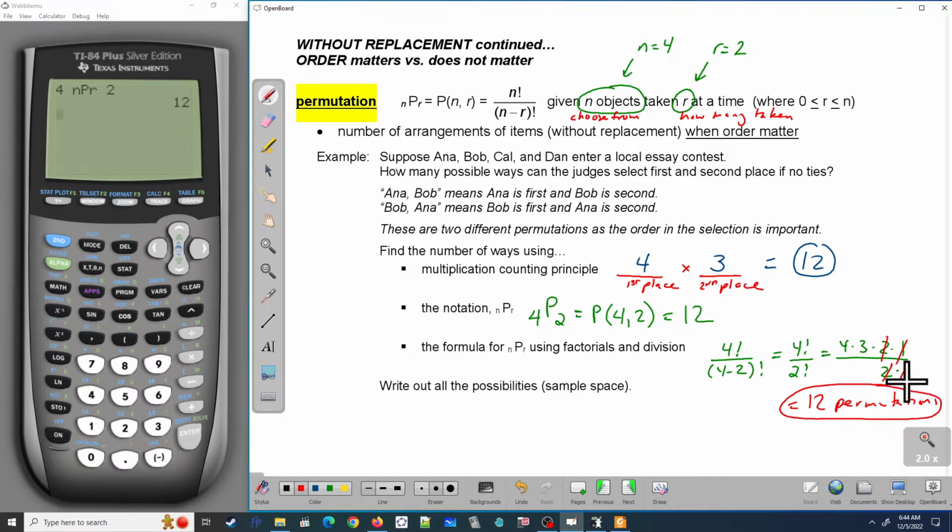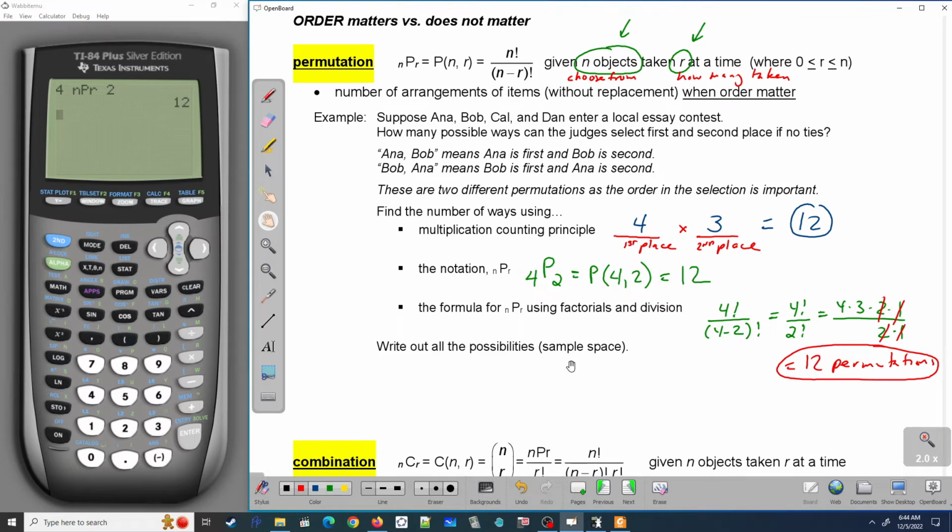There we go. Now, I'm going to demonstrate this by actually writing out all the possibilities, aka the sample space. And I'll just use the first letters. So one of the possibilities could have been AB, it could have been AC, and AD. In all three cases Anna takes first and three other individuals take second.